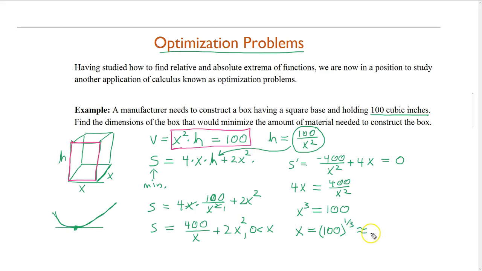And that is approximately 4.64. So that's the x that makes s a minimum.